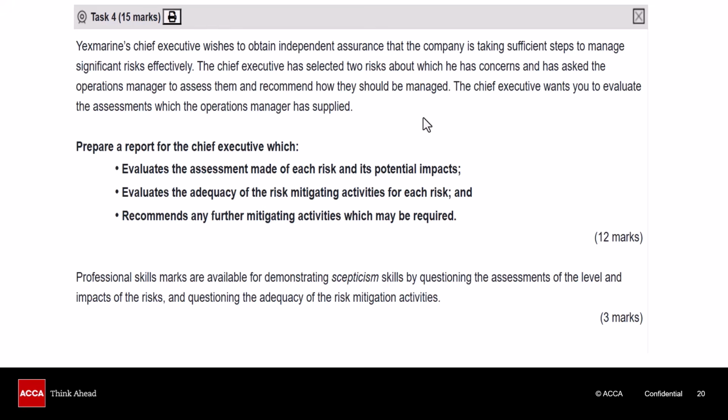So here, although the question is about project management, you would bring in risk. Now that would impress the marker. Okay? Because you are showing your understanding of the integrated nature of the SBL syllabus.